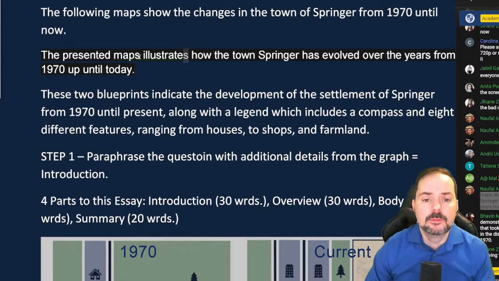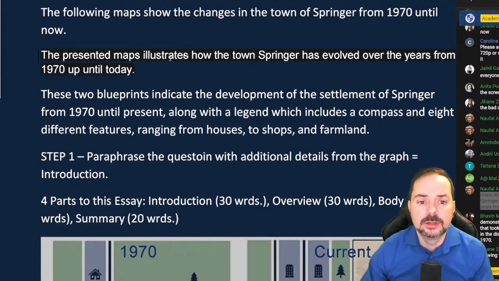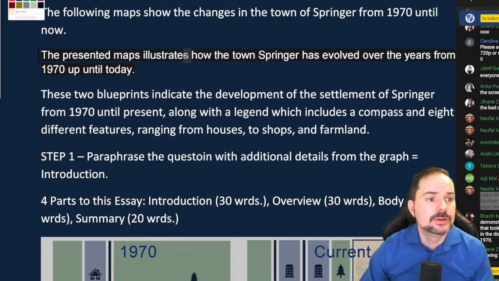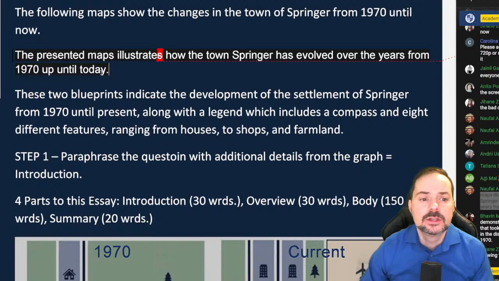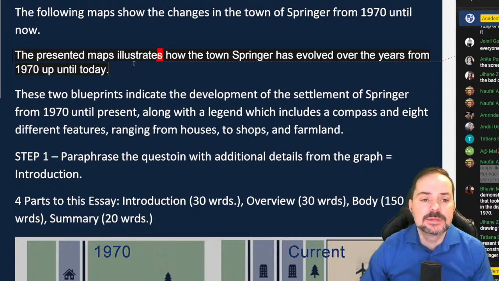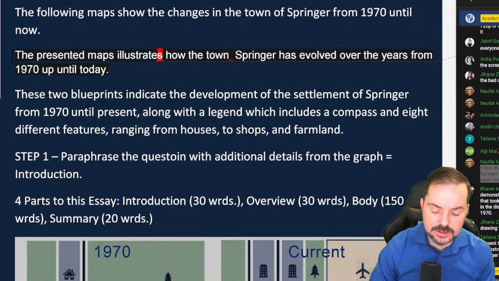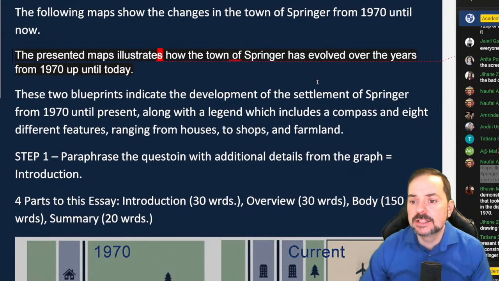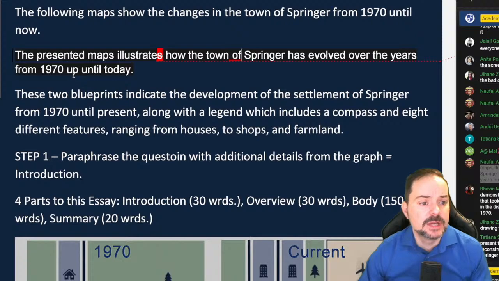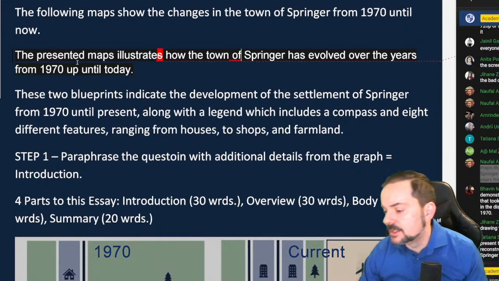Remember, when it's a plural, maps, then you do not have the S on the end of the verb. Okay, so the presented maps illustrate how the town of Springer has evolved over the years from 1970 until today.